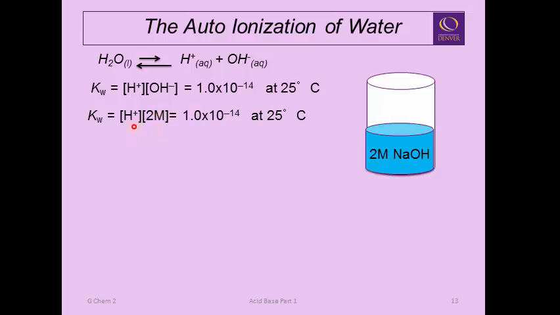Now you just solve for the unknown H plus concentration, and you see that it is indeed very small, 5 times 10 to the minus 15. Remember, it started at 1 times 10 to the minus 7, and now it ended up at 5 times 10 to the minus 15. And once again, if you wanted to find the pH of that, you could take the minus log of that, or if you want to find the POH, find the minus log of that.